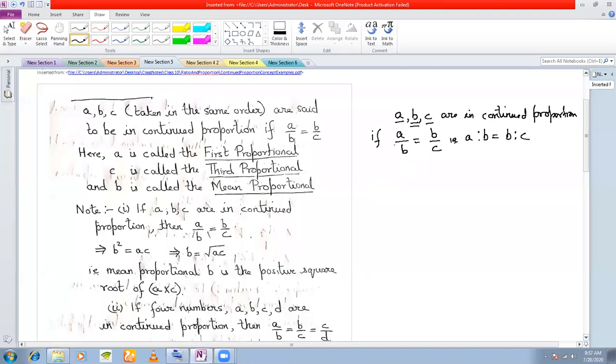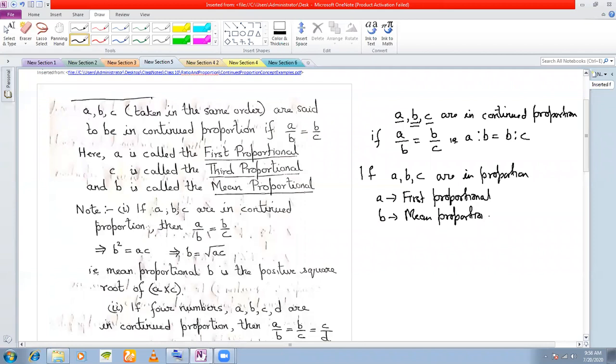Now what are these called? If A, B, C are in proportion, then A is called the first proportional, B is called the mean proportional, and C is called the third proportional.